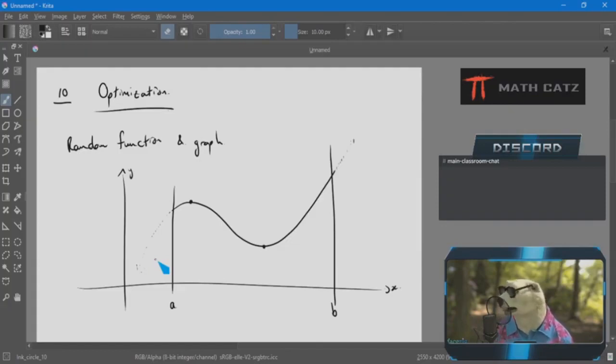Then there will be practical restrictions as well, usually giving me some window that I have to work with. Whether that window is given to me in terms of an interval, or I have to think about the practical situation.